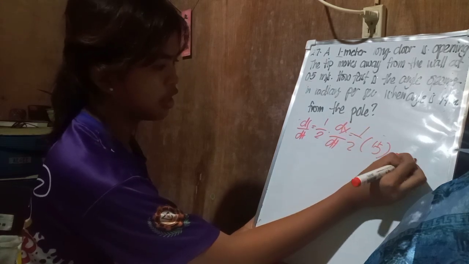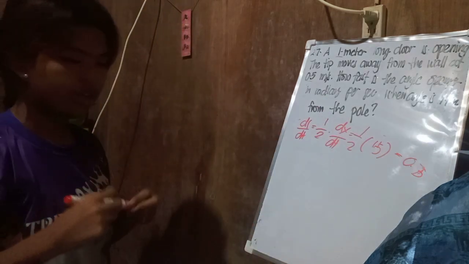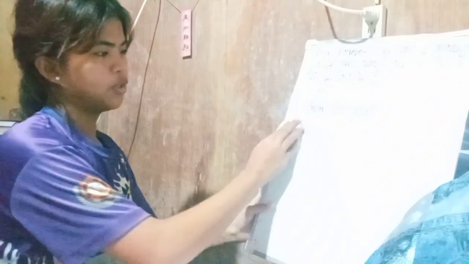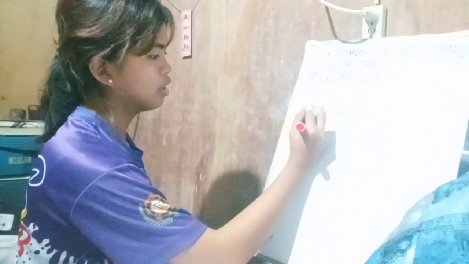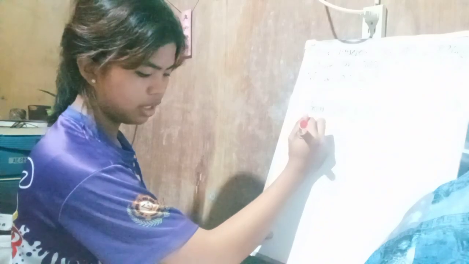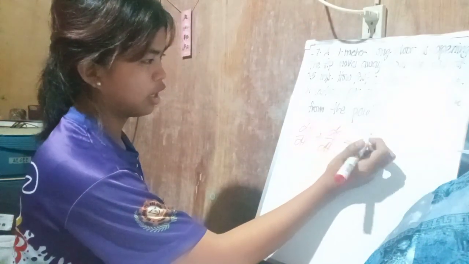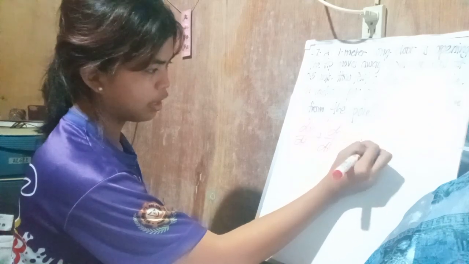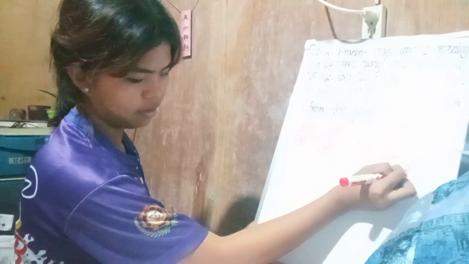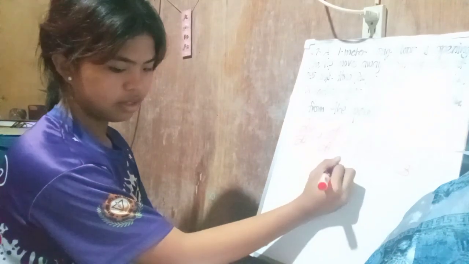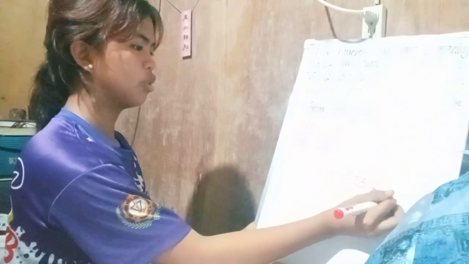So the answer is 0.75. To find his total speed, we need dx over dt plus ds over dt. The earlier answer is 1.5, plus our new 0.75. So if we add, we have 2.25 meter per second.